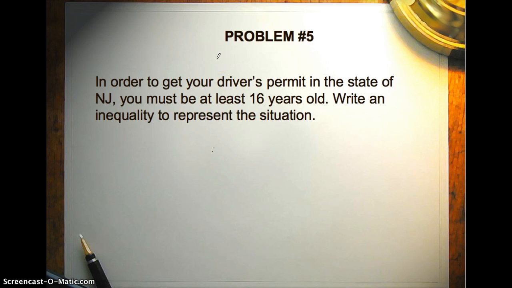So this is very similar to that kind of problem where you need to be at least a certain number. So x, or whatever variable you choose, you can be 16. So you need to be greater than or equal to 16.